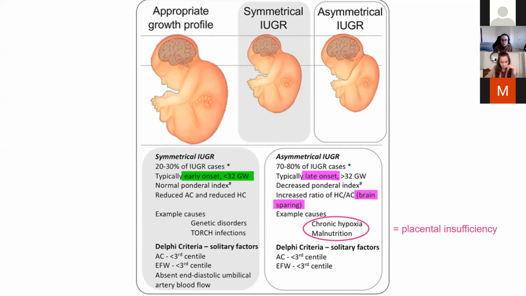And because this occurs later, the baby has sufficiently grown in most areas that it has adapted to preferentially distribute the blood flow to the vital organs. So it goes to the brain, it also goes to the heart and the adrenals, but things like the kidneys and liver are spared. So you get this baby that has a much larger head compared to the body.